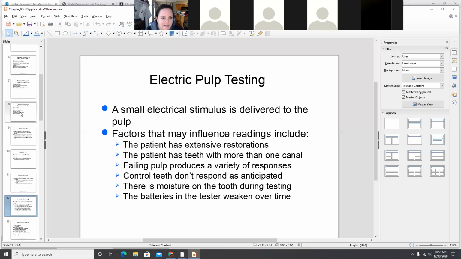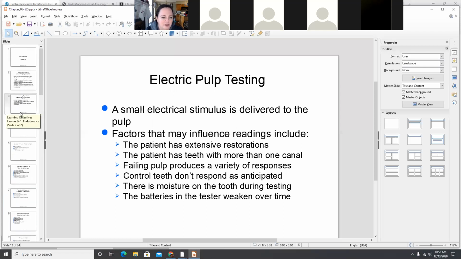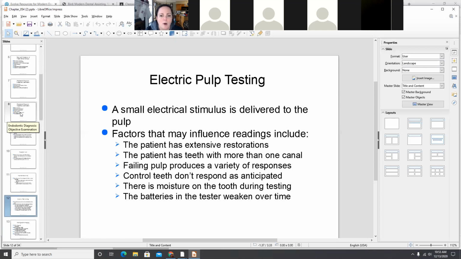Electric pulp testing: a small electric stimulus is delivered to the pulp. Factors that may influence reading include the patient has extensive restorations. When we talked about doing amalgam fillings, we talked about galvanism, right? And so sometimes these metal fillings can send off like electric shock, especially when they're put with something else that's metal.